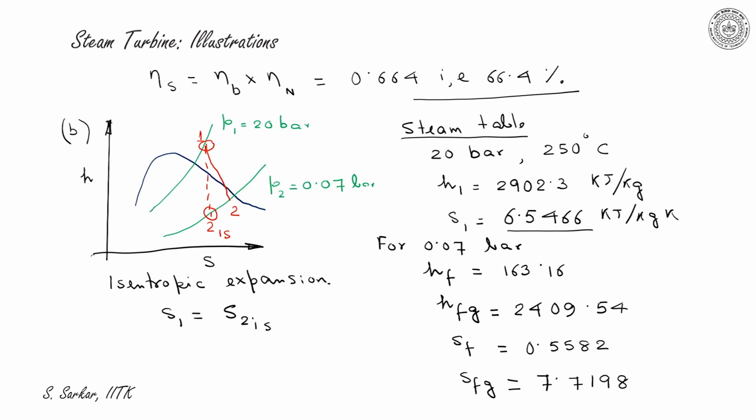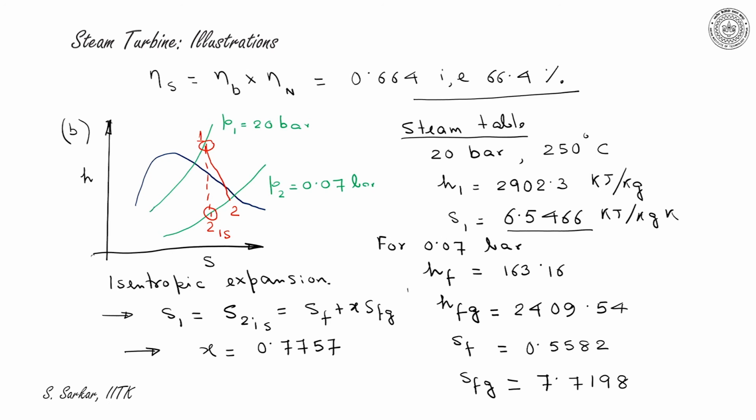Now let me evaluate the dryness fraction from this. So S2 isentropic can be written as SF plus X into SFG. Now you know the value of S1, you know the value of SF and SFG, and thus you can evaluate X. Thus by solving these I can get X is equal to 0.7757.